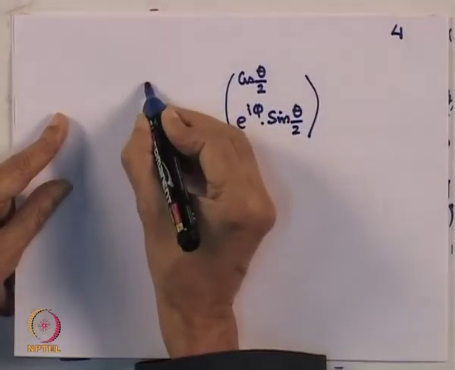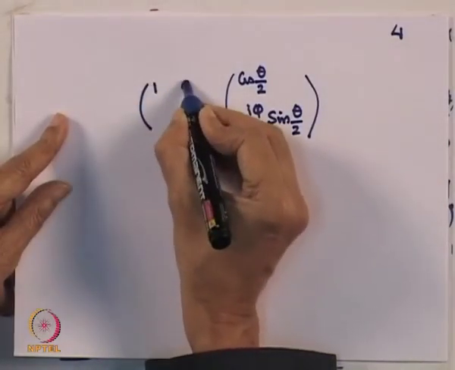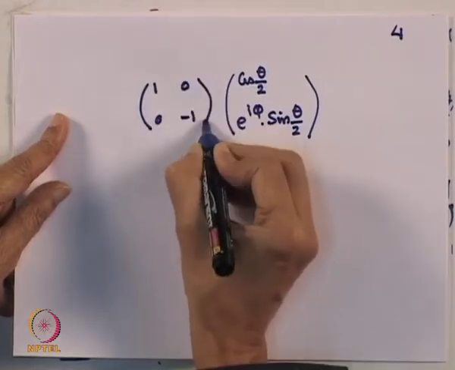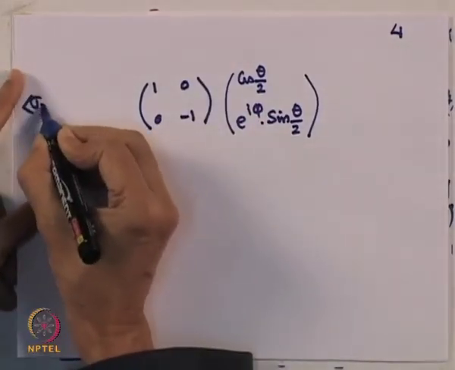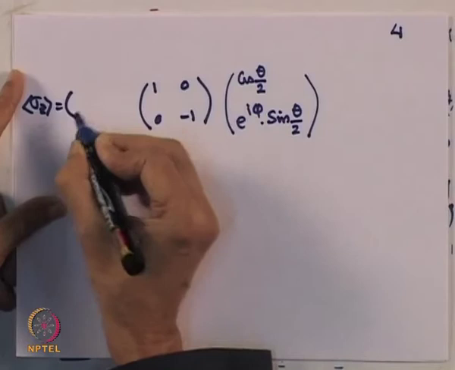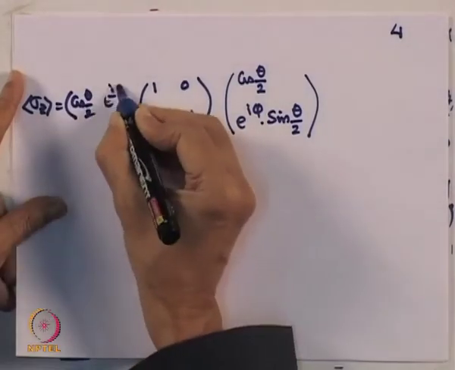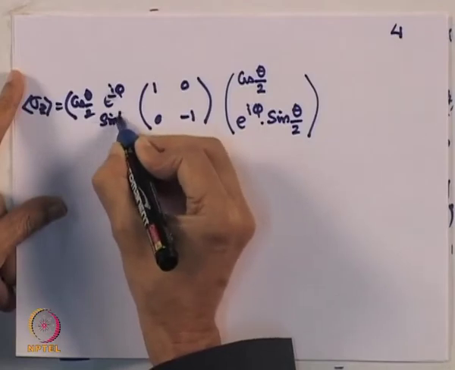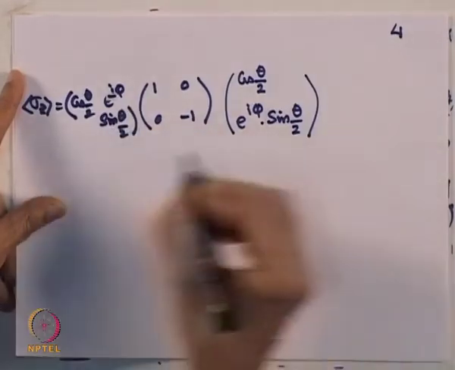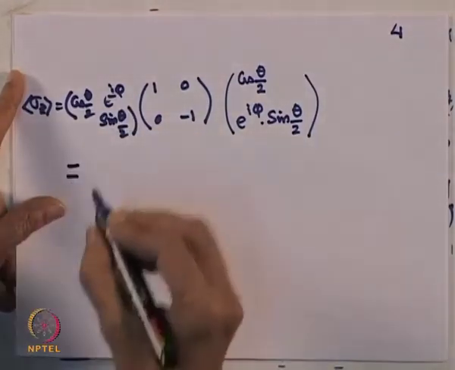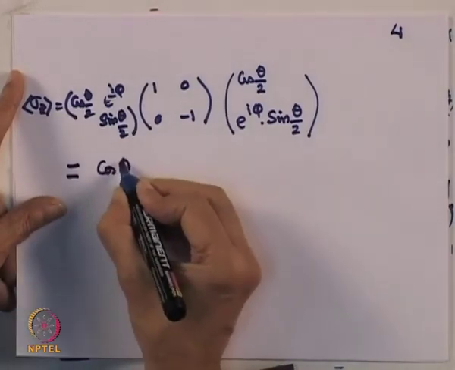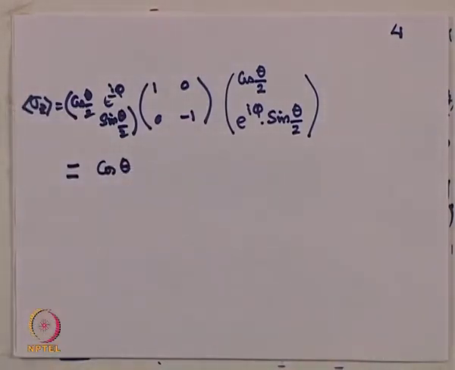So my sigma z operator is 1 0 0 minus 1. The expectation value of sigma z is given by the row vector cos theta by 2, e to the power i phi sin theta by 2, multiplied with this. A trivial matrix calculation will give you cos theta as the expectation value of sigma z.